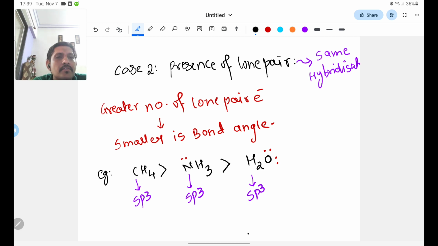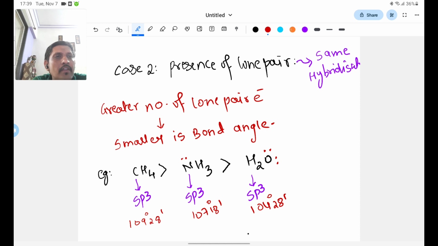If you see the bond angle, in case of methane it is 109 degree 28 minutes. In case of ammonia it becomes 107 degree 18 minutes, and in case of water it becomes 104 degree 28 minutes. So gradually the bond angle decreases as the lone pair increases.